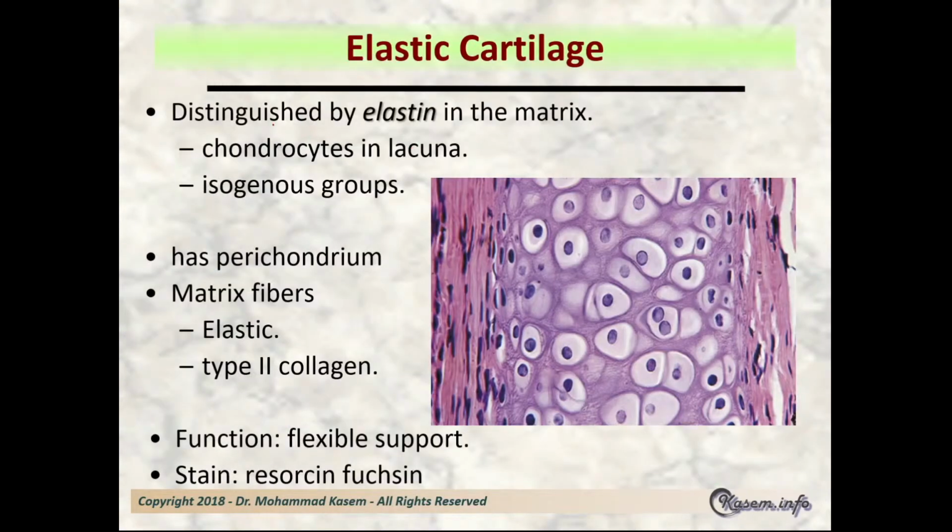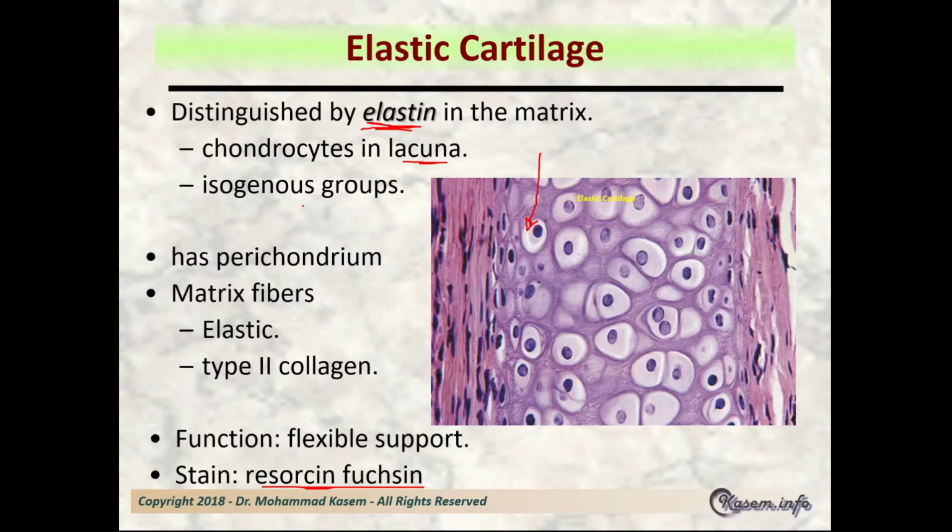Elastic cartilage is distinguished by the presence of elastin, which we can stain with resorcin fuchsin. The cells of elastic cartilage are found in lacunae, here, the whitish area surrounding the cells, which is called the territorial matrix.